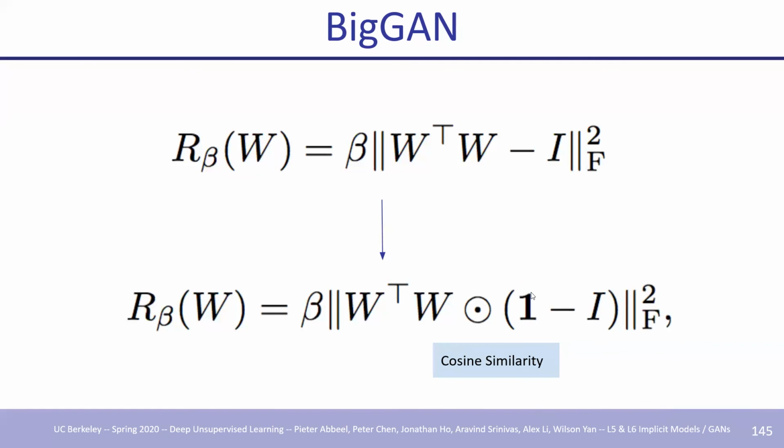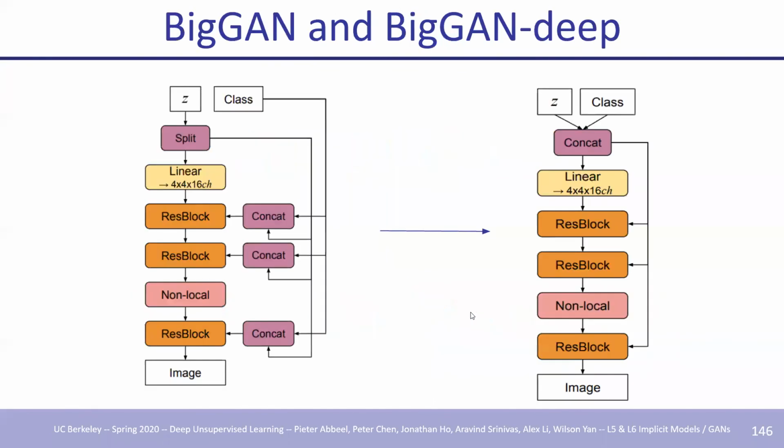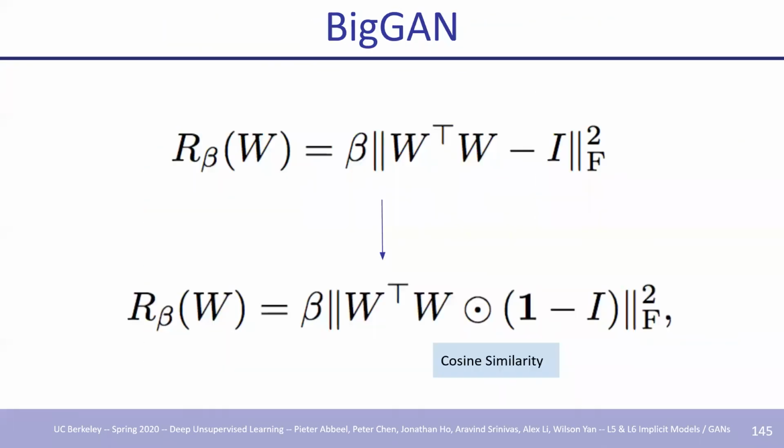So assuming this vector here and this vector here, they do the cosine similarity, and it acts exactly like a matrix, but instead of multiplying the vectors, they do a cosine similarity. They add this regularization to the loss function, and I think it helps.